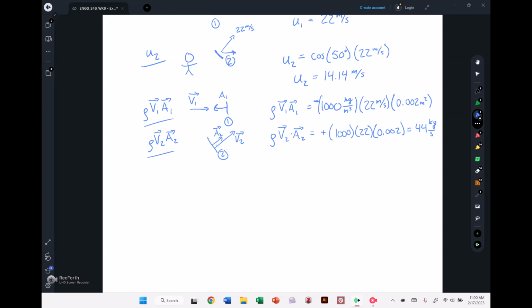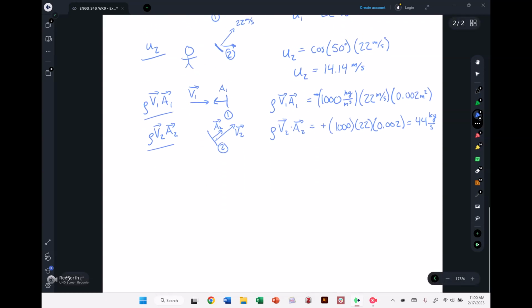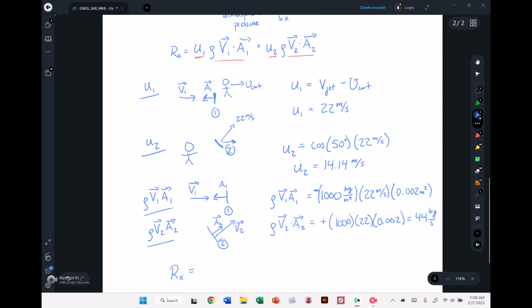All right, so now we're ready to put stuff together. Rx equals, and we'll let the dot products get our signs right.